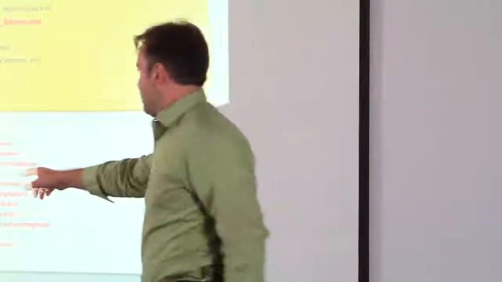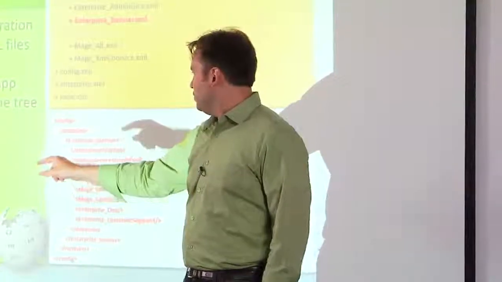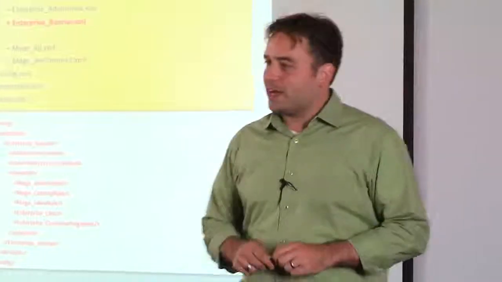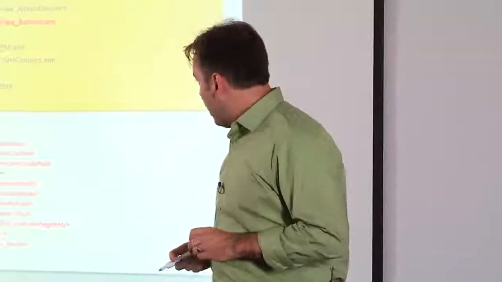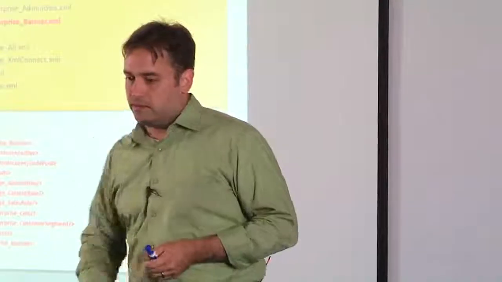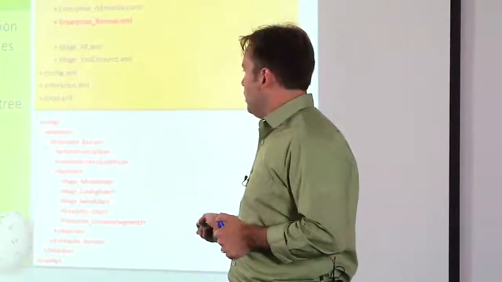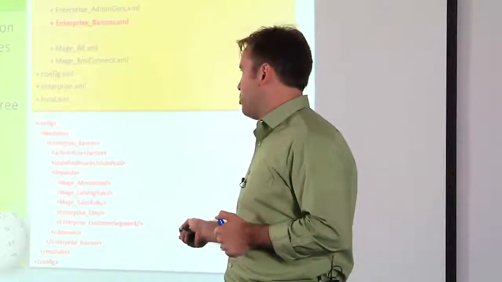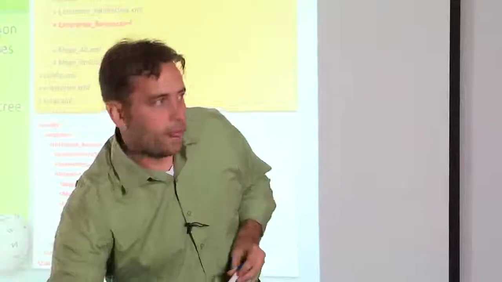What goes here is used in conjunction with the code pool to find the module. That's how the system knows where to look for your module. So for this setting right here, I would say, okay, this is in core. So app code core, the system knows here, app code core / enterprise / banner. So underscores in here will be converted to a slash.